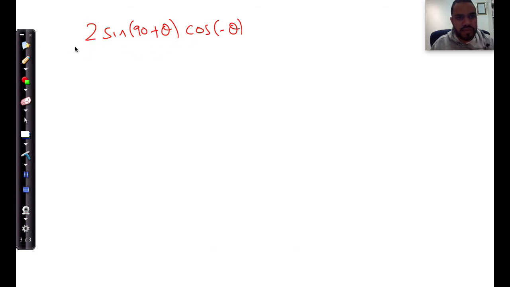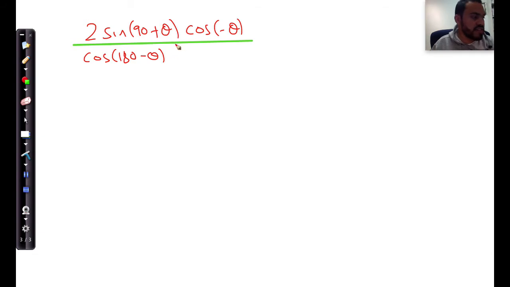I've got 2 sine of (90 plus theta), multiplied by cos of negative theta, all over cos of (180 minus theta), is equal to minus cos of (360 minus theta).